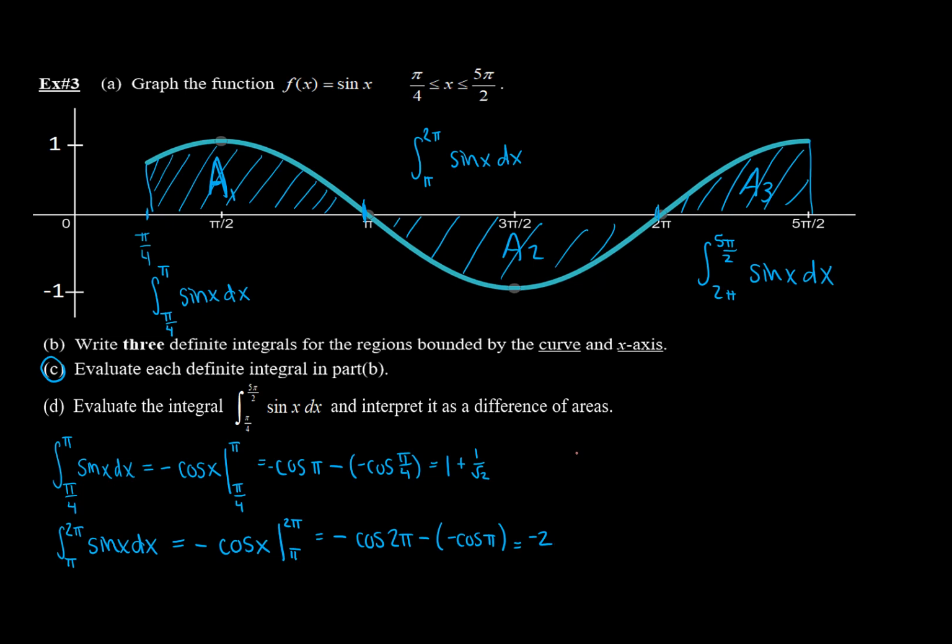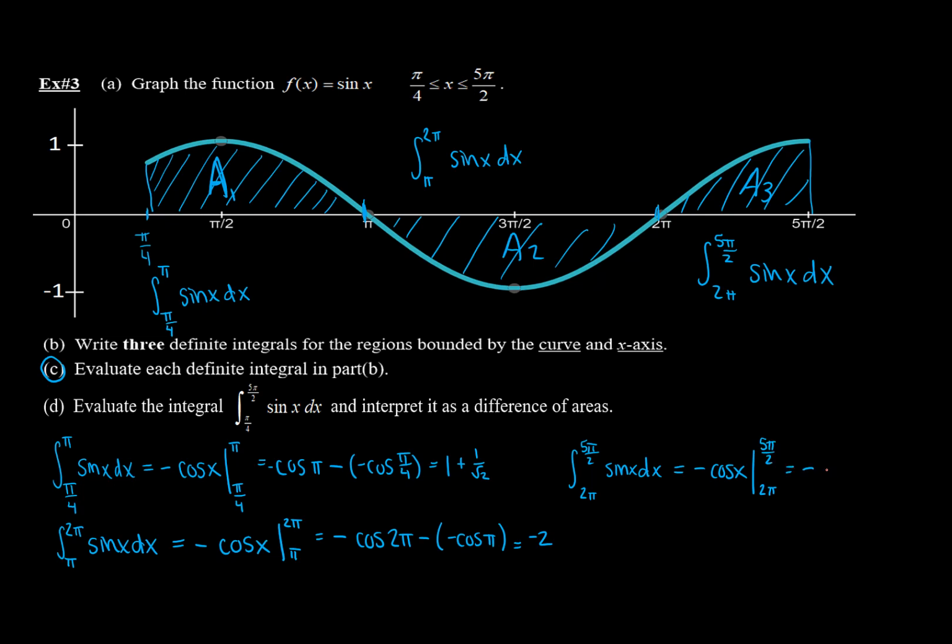And then this last one here, from 2 pi to 5 pi over 2 of sine of x dx. Again, I'm going to get the negative cosine of x as it goes from 2 pi to 5 pi over 2.